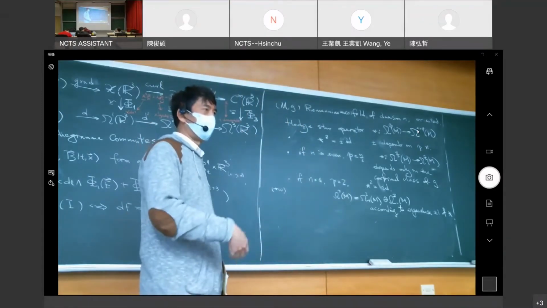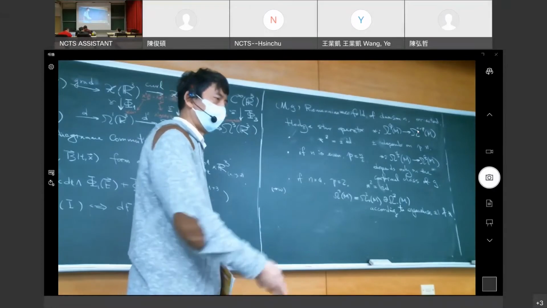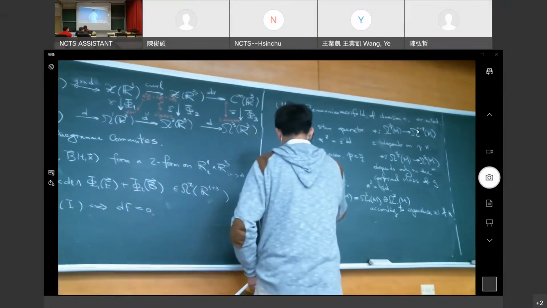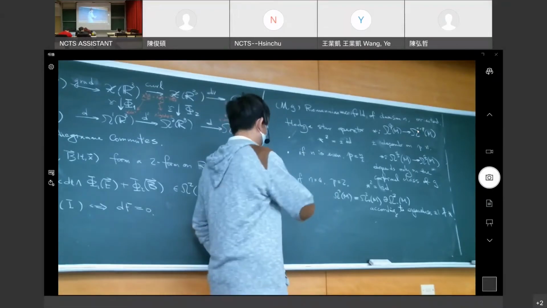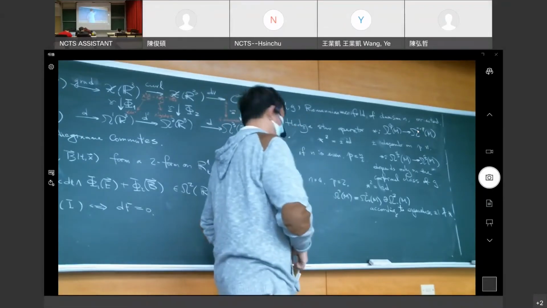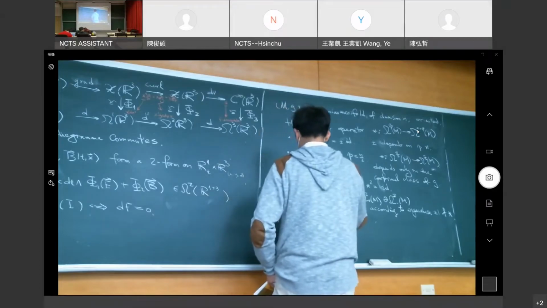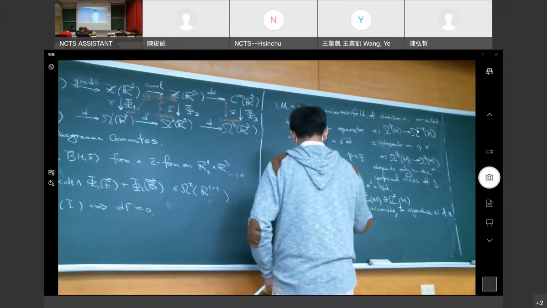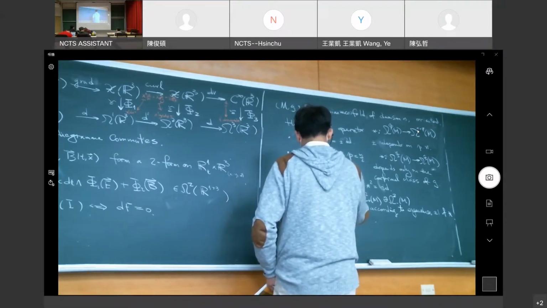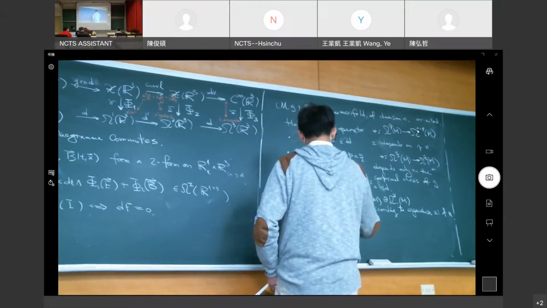Differential two-forms become antisymmetric tensors, where mu and nu are indices that run from 1 to 4, and this is equal to 1/2 of epsilon mu nu lambda rho.